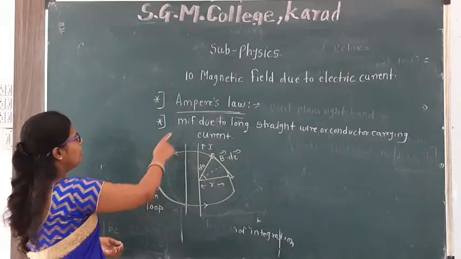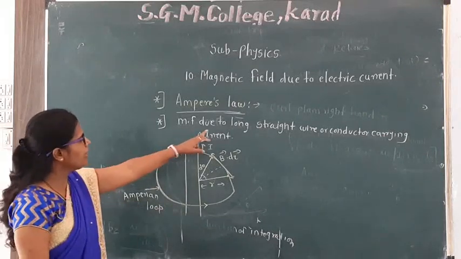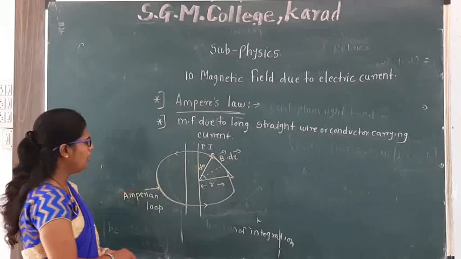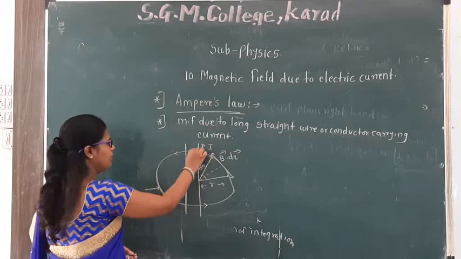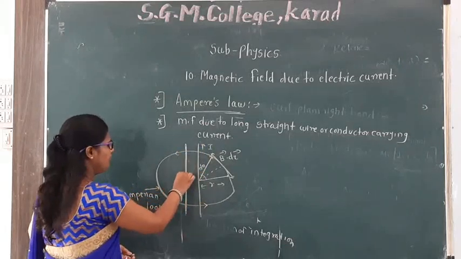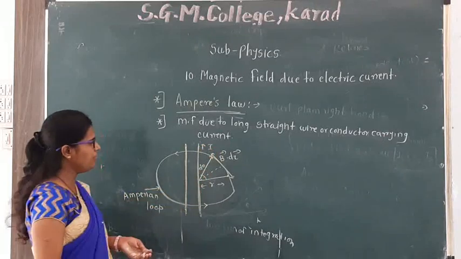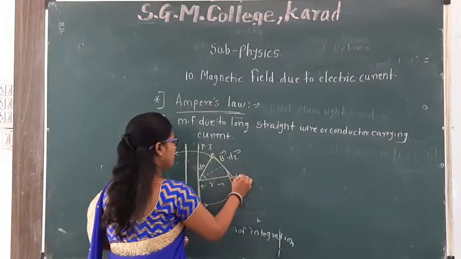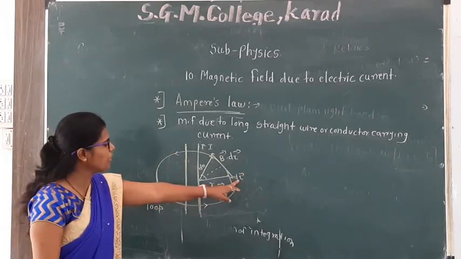Now, how does Ampere's law apply to the magnetic field due to the long straight conductor carrying current? Consider this long straight conductor carrying current I, and here dl is the length of a small element.